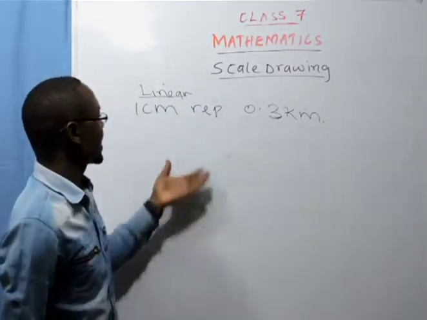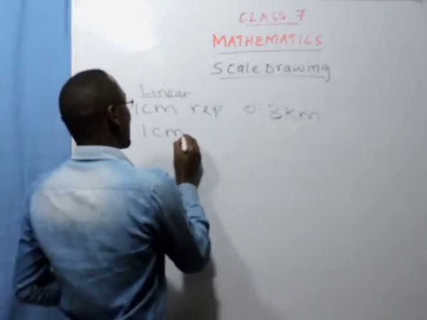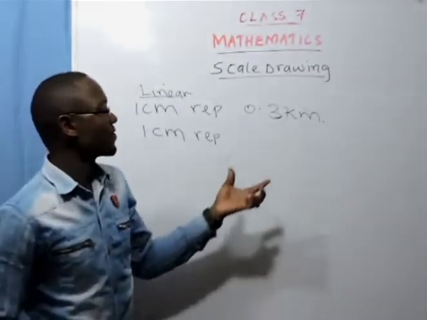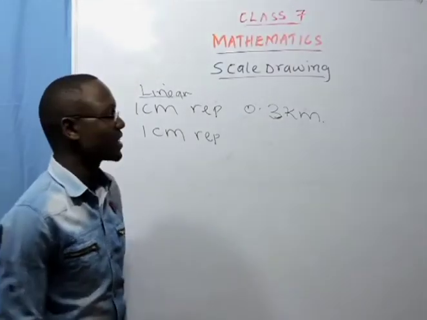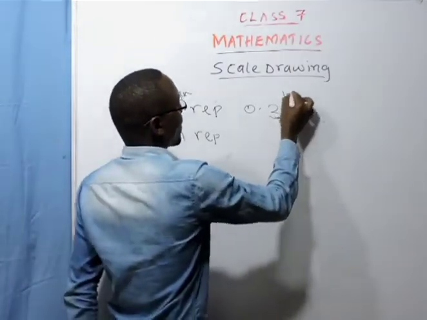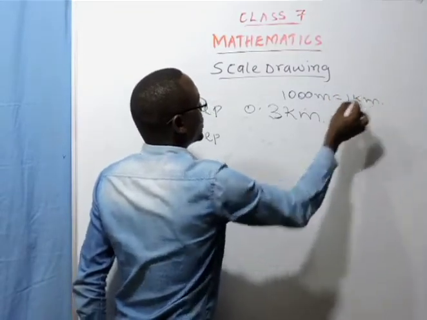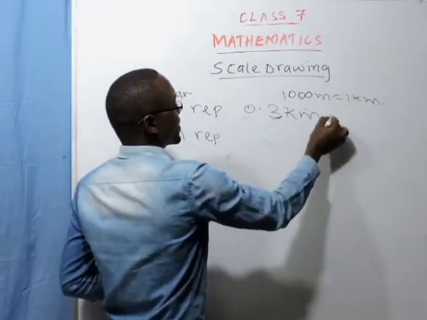We can write this scale in ratio form, whereby we say 1 centimeter represents how many meters? Convert this one to meters before we go to centimeters. The relationship between kilometers and meters: we say that 1000 meters is equal to 1 kilometer. So to convert this one to meters, we multiply by 1000.